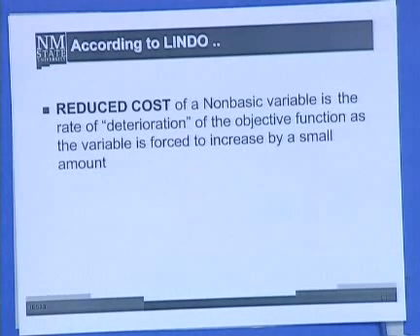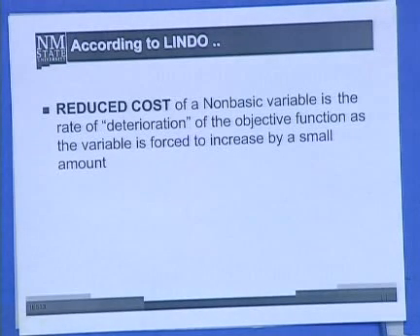That is, it is the rate of deterioration of the objective function value per unit increase of the associated non-basic variable. So, in a maximization problem, like our problem, the reduced cost gives the rate of decrease in the objective. While in a minimization problem, the reduced cost gives the rate of increase in the objective. Okay?